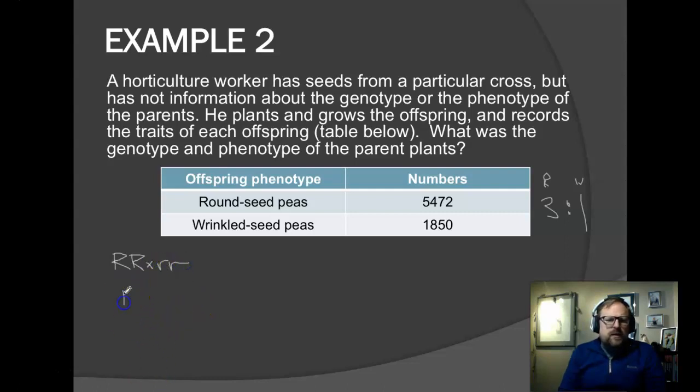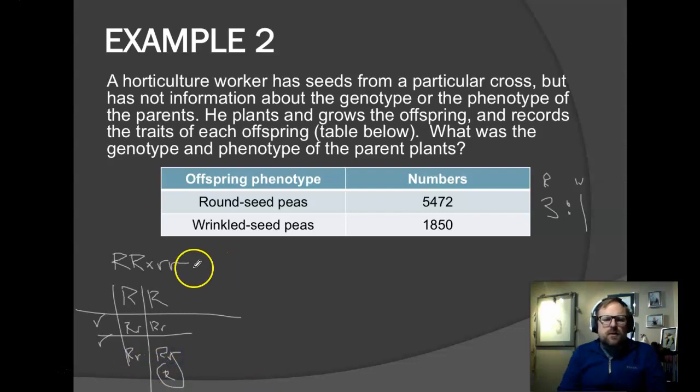Okay, and if we did a Punnett square, and I'm not going to do every Punnett square to save us some time, but if we did this Punnett square in a really messy fashion, I think it should be obvious to you that all of the individuals here are coming out to be round. Okay, so they're all going to come out to be round. So it can't be that Punnett square.